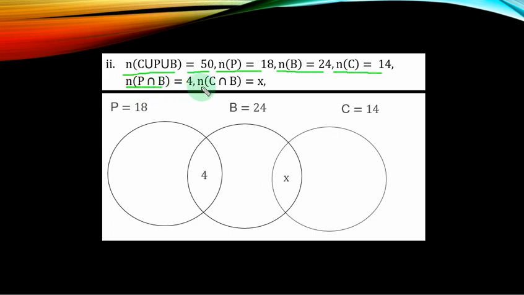Those that take chemistry and biology is unknown, so let S represent that number. Previously, those that take physics and chemistry, that is an empty set, so their circles must not meet.